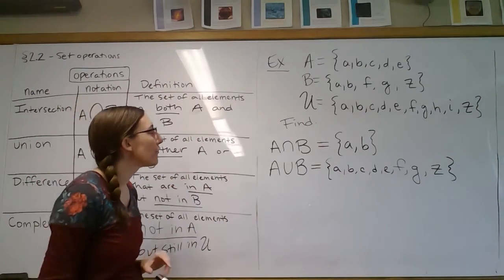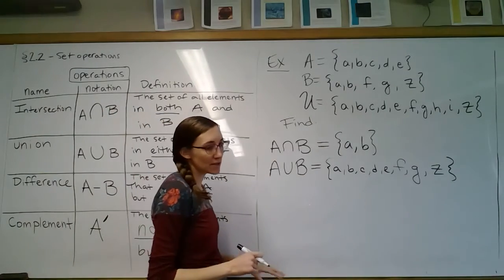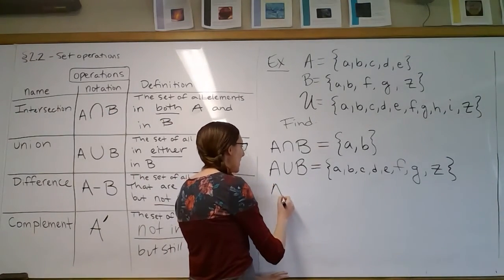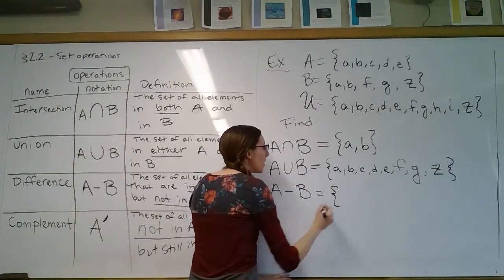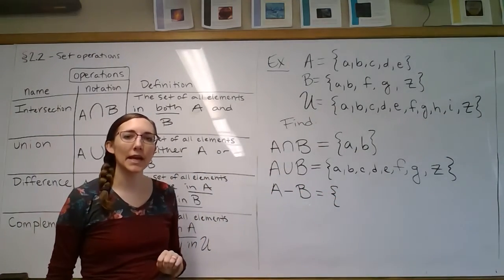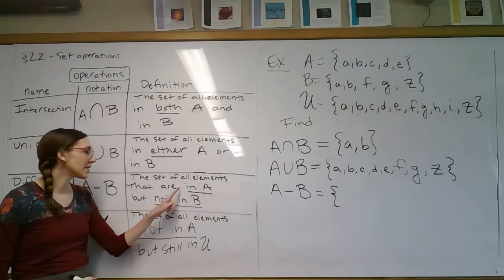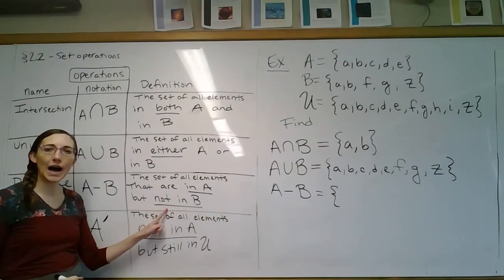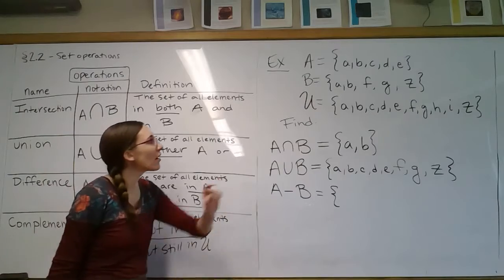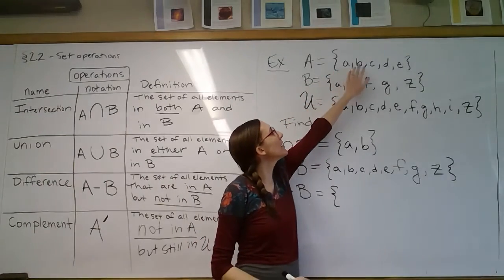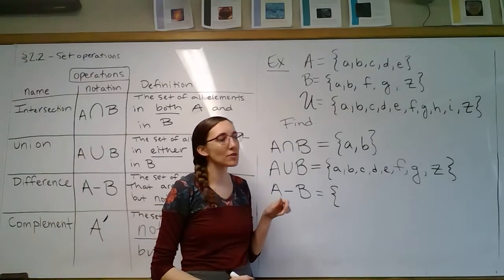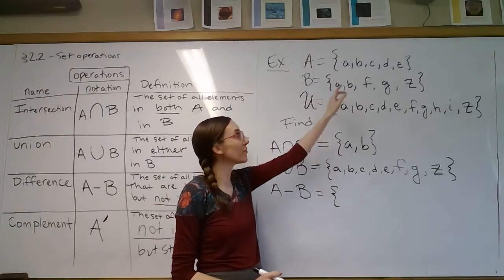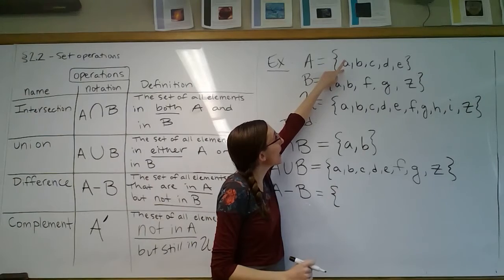All right, let's look for a difference. So let's do A minus B. What that one means is we're going to take the things that are in A but not in B. Starting off with the elements of A, my set of options are those 5 listed up there. So then we can ask for each of them. For the A, do I keep the A?